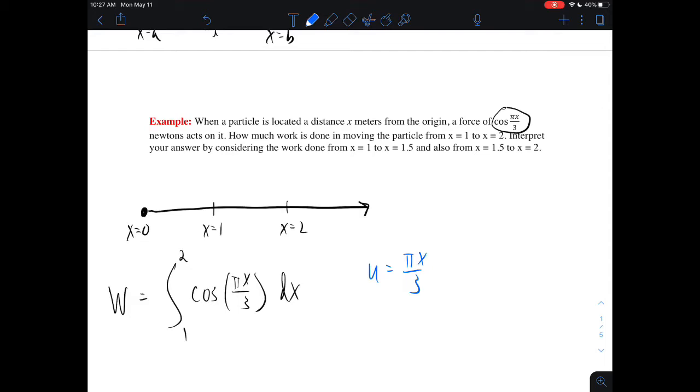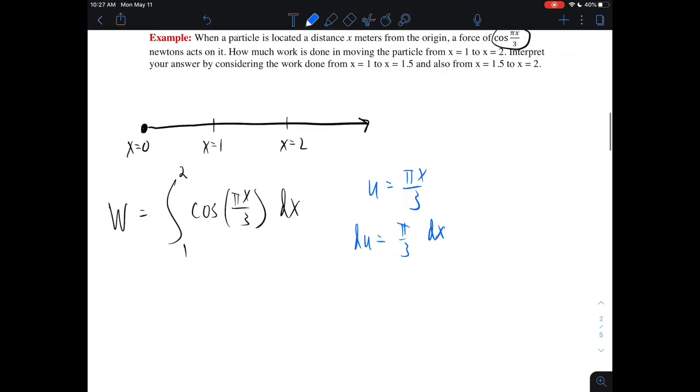In this case, if u is equal to pi x over 3, du is equal to pi over 3 dx, which means I can replace pi x over 3 with u, and I can also replace dx by multiplying both sides by the reciprocal. dx can be replaced by 3 over pi du.